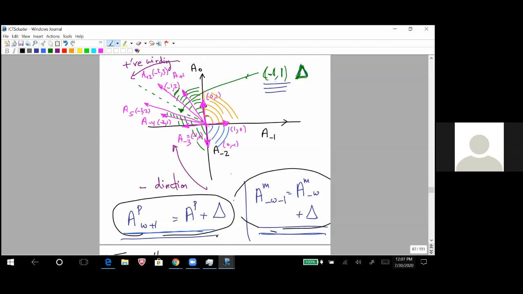So there isn't one uniform linear transformation. I'm not saying that all the A winding plus 1s are just given by A winding plus delta, but there's one sort of chamber, the negative winding side, where it acts linearly, where the more and more negatively wound guys get shifted by delta, and separately on the positive.